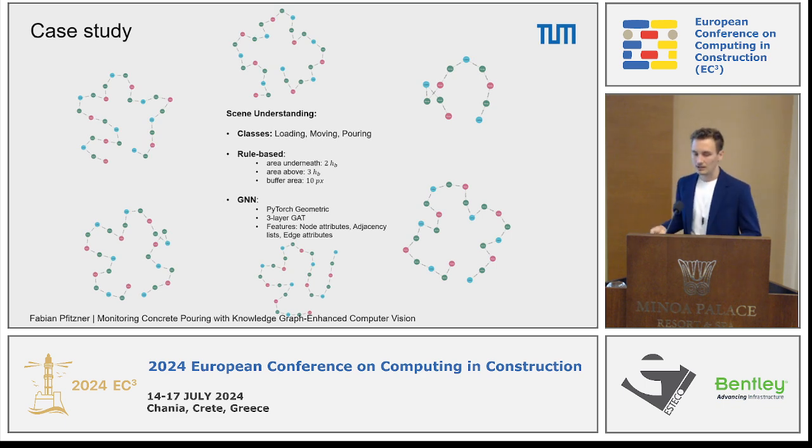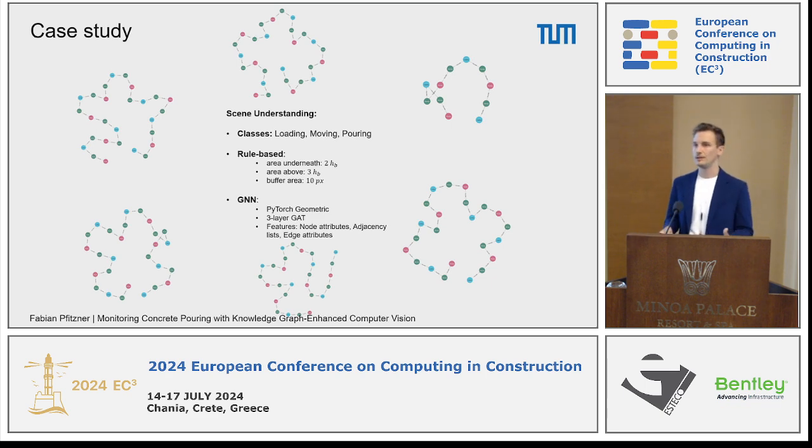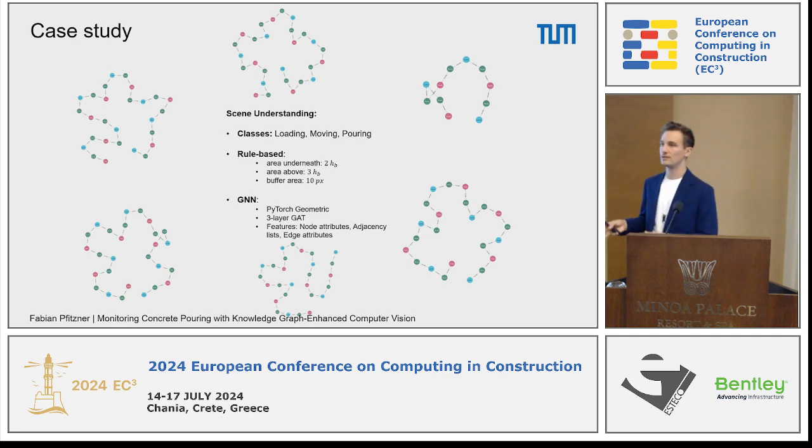So then this data was further converted into the individual states of our processes using scene understanding. Here we were focusing on 3 classes of our process: loading, moving, and pouring. For the rule-based approach, we defined the significant area according to the bucket, to the size of the bucket.